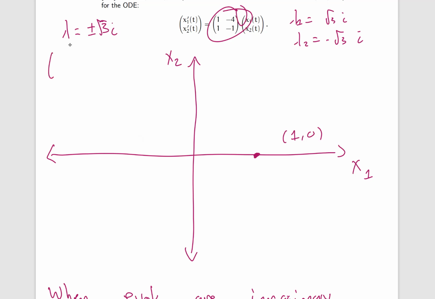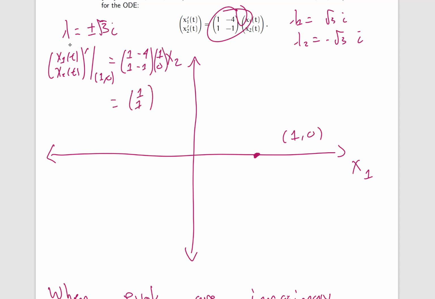So if I have some solution x1 of t, x2 of t, then its derivative at the point (1, 0) is just equal to this matrix, 1 minus 4, 1 minus 1, times (1, 0), and this is equal to (1, 1).